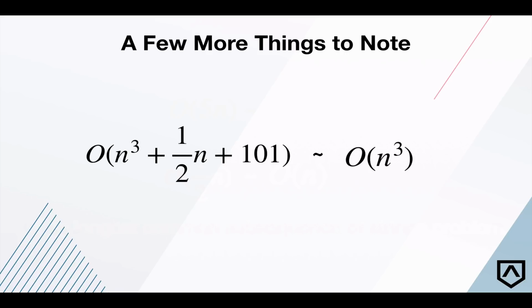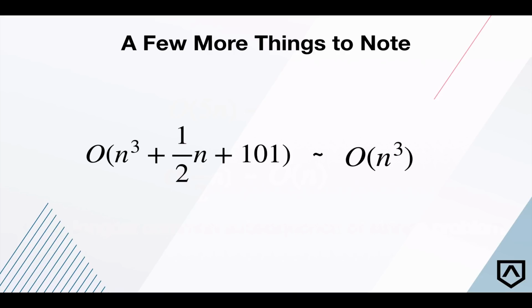And this also holds true for terms that are smaller than the dominating term. So if we calculate some runtime like n cubed plus 1/2 n plus 101, for example, this would just approximate to O of n cubed, and you wouldn't be wrong in just putting O of n cubed down.